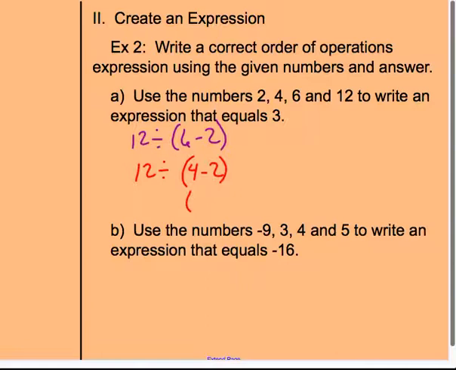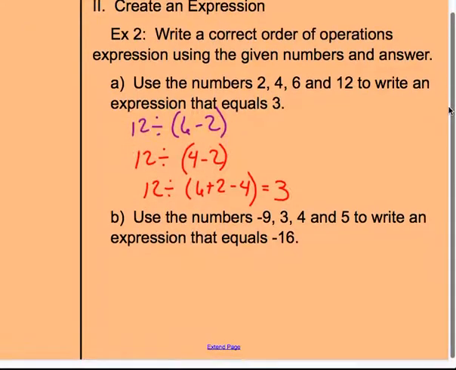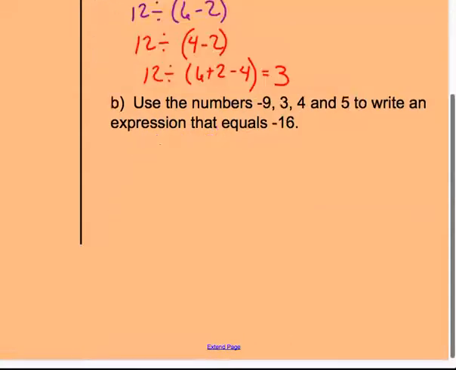If I did, let's see, 6 plus 2 minus 4. 6 plus 2 gives me 8. 8 minus 4 is 4. And 12 divided by 4 is 3. So hopefully my thinking through my thought process helped you out a little bit.